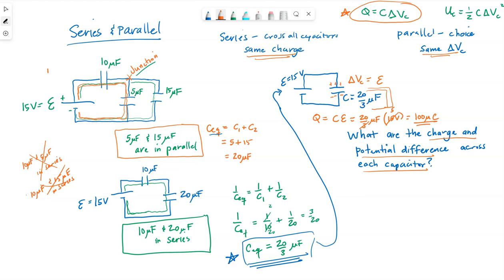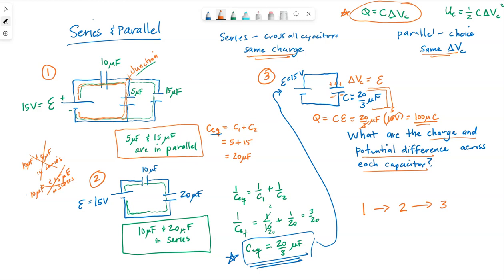So if I say the original circuit was circuit 1, this second circuit we created is circuit 2, this third one is the equivalent. So we went from circuit 1, we created circuit 2, we created circuit 3, which represents the overall equivalent capacitance.